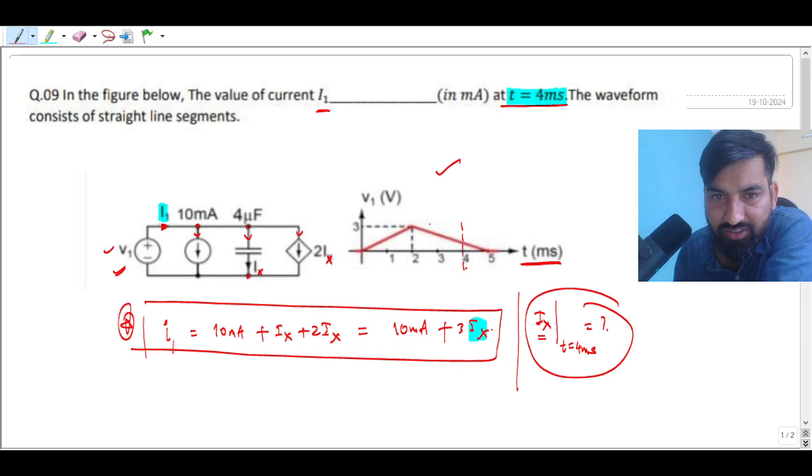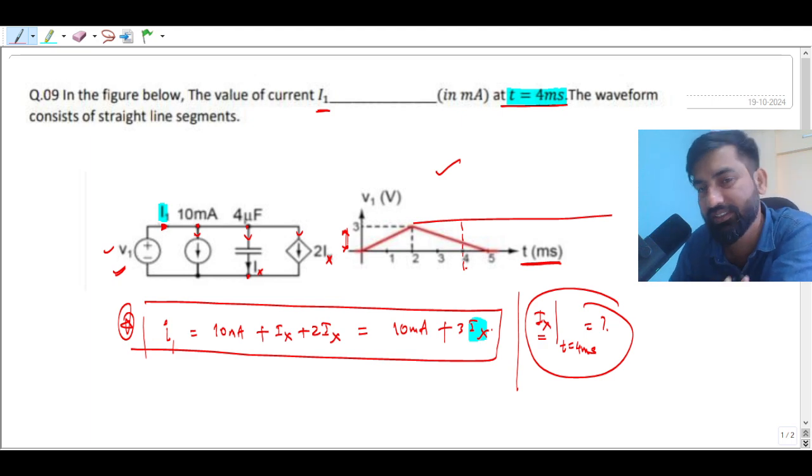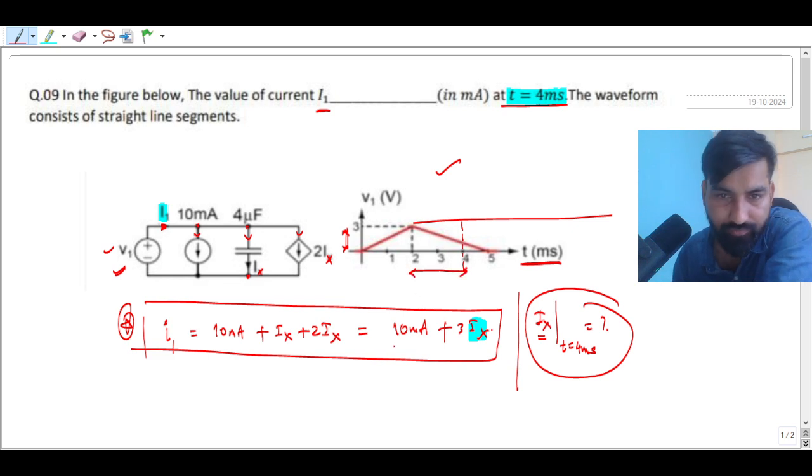Slope is going to be change in y, which is nothing but 3, okay? That is not in milli or something, it is 3 volt. And change in x is going to be what? Can you check here?